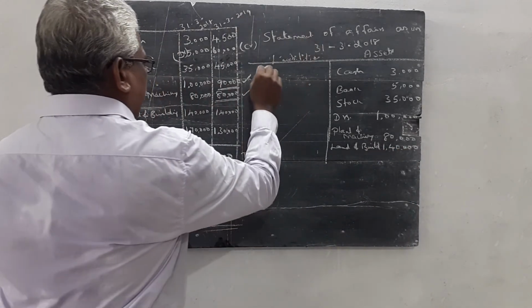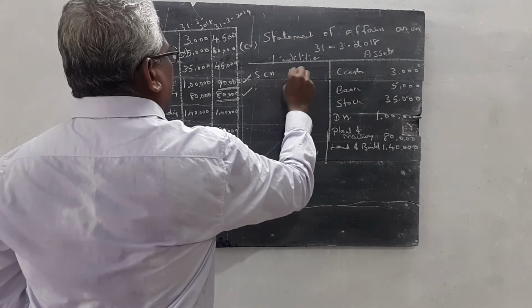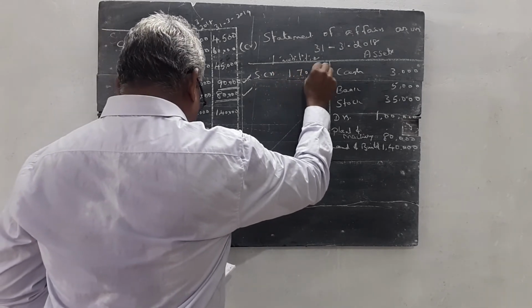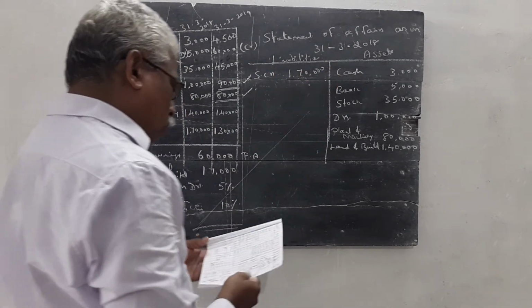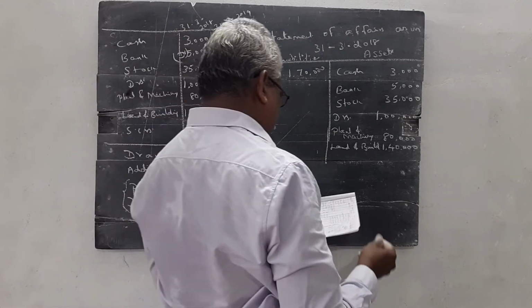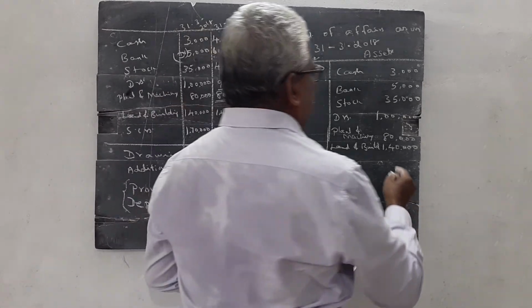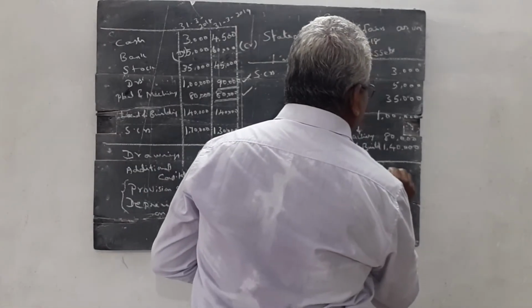Then sundry creditors 1,70,000. So the total of this side is 3,63,000.